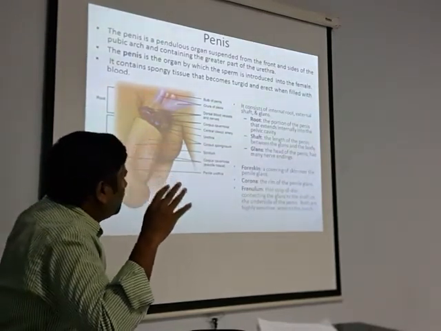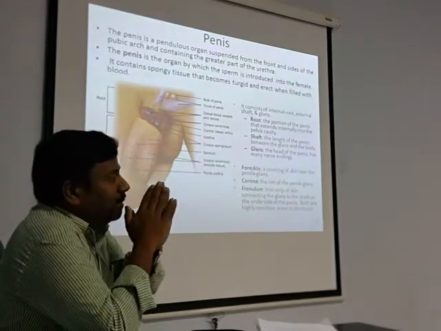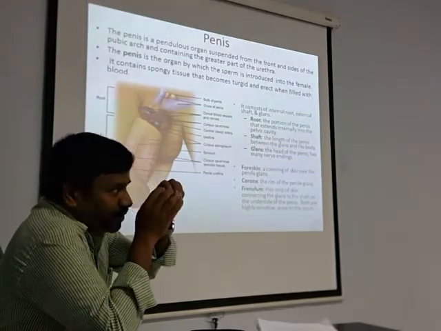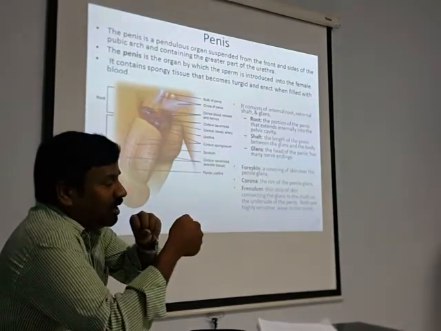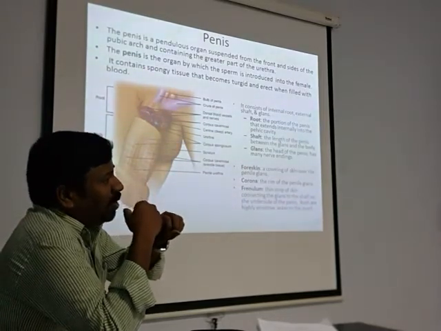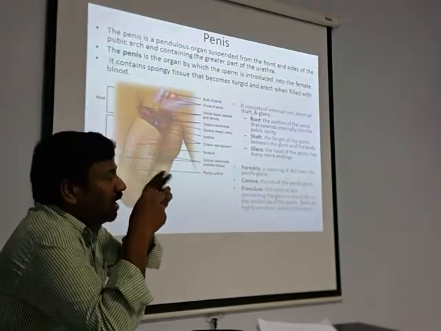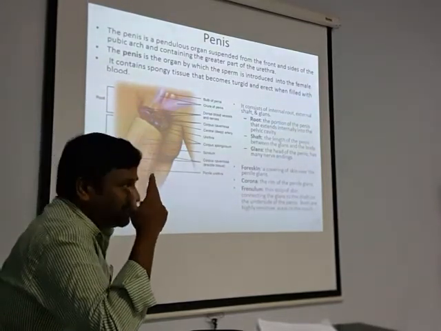Before that, let's look into the parts of the penis. The penis consists of the root, which is the attachment of the penis to the pelvic bones, that is the pubic bones, which you don't see. Then you have the shaft, the length of the shaft which you see, and the terminal part of the shaft, which is called the glans penis.